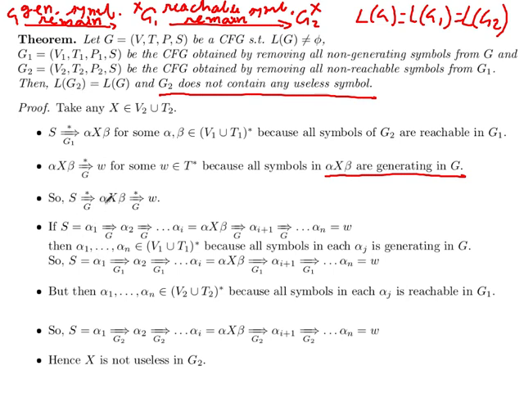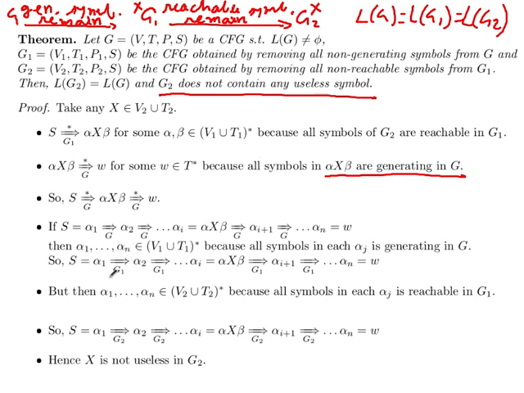Now if this is the case, then there is a chain of derivation from S leading to this W. Call the intermediate strings alpha 1, alpha 2, alpha 3, up to alpha n. So alpha 1 is S, and say alpha n is W. In the middle, somewhere at some alpha i, you get this expression, alpha X beta. This sits somewhere in the middle, and these are all single step derivations.